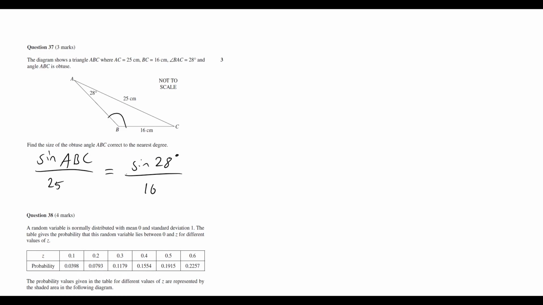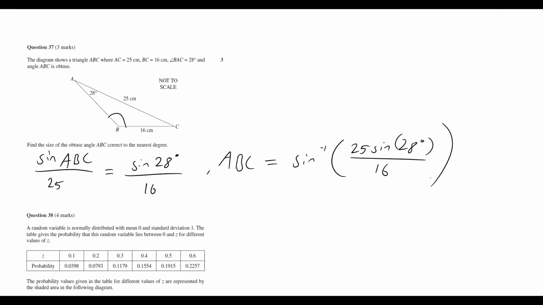Okay, now to quickly solve for ABC, what we need to do is firstly multiply both sides by 25, but then after that we also need to take the inverse sine of both sides. And what that tells us is that ABC is going to be equal to sine inverse of 25 sine of 28 degrees divided through by 16.